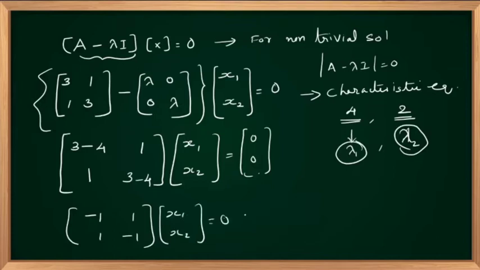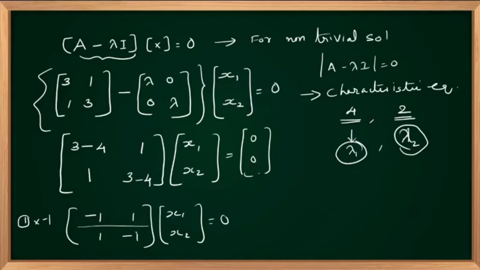Once you have this equation, you can easily see that the rank of this matrix is 1. If I consider the first row, multiplying it by minus 1 gives the second row. So the second row is a weighted version of the first row, which means only one row carries any information, and I have taken that as the first row.